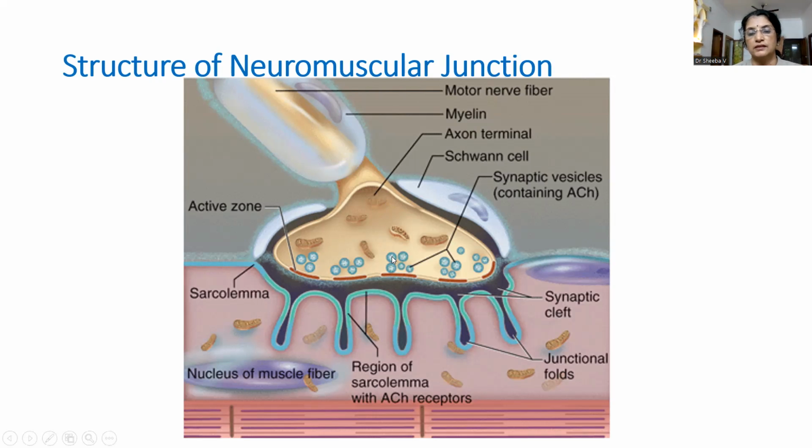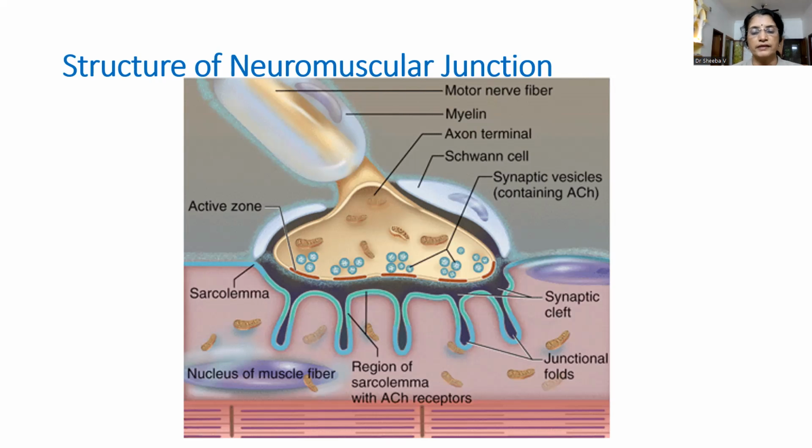There is a large number of synaptic vesicles that contain acetylcholine, that's a neurotransmitter. And there is an active zone at the synaptic membrane at the junction. The red colored area is the active zone.